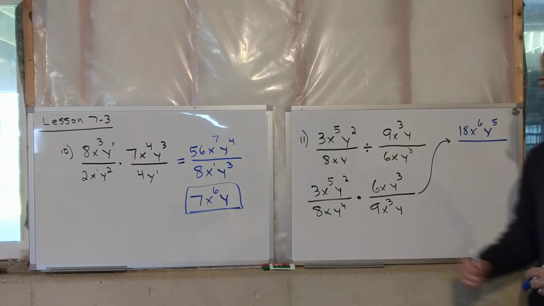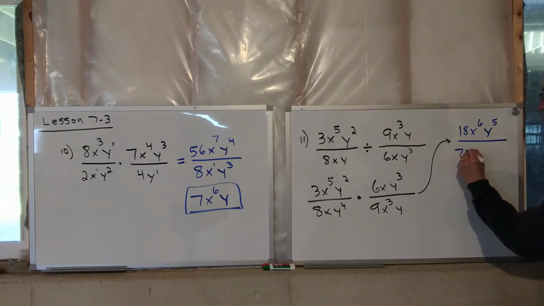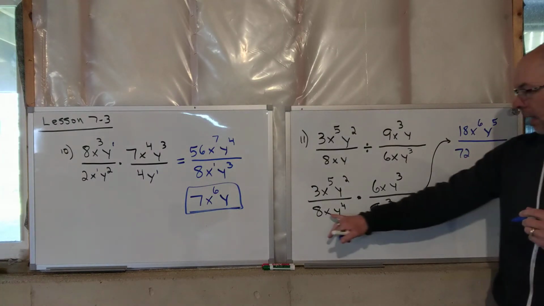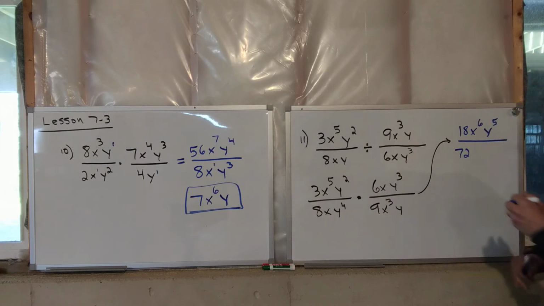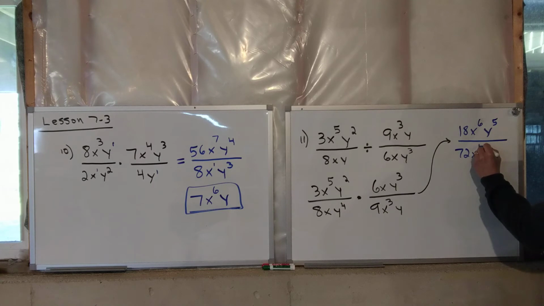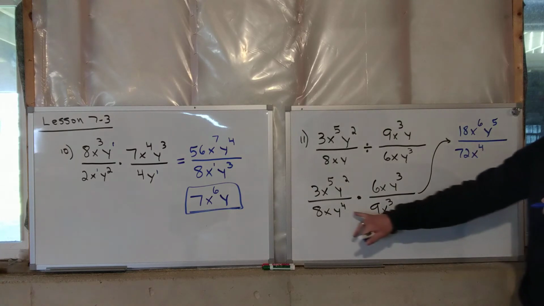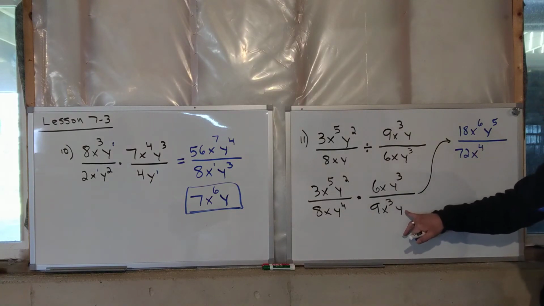Denominator is 8 times 9. That's 72. X to the 1st times x to the 3rd. That's x to the 4th. And y to the 4th times y to the 1st. That's y to the 5th.